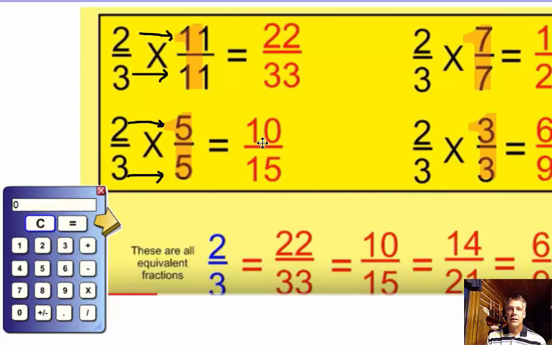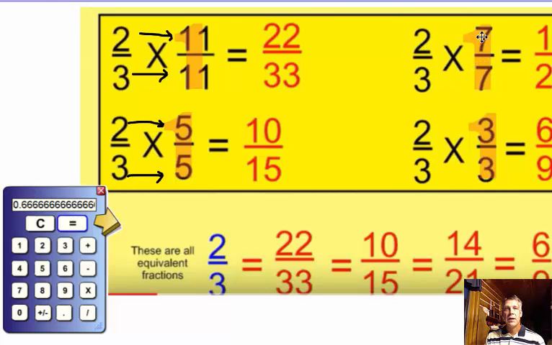Now, if I take 10 divided by 15, what am I going to get? Is it going to be 6 repeating? Yes, it is. And same with 22 over 33. Same with 2/3 times 7 over 7, because that's really 1.